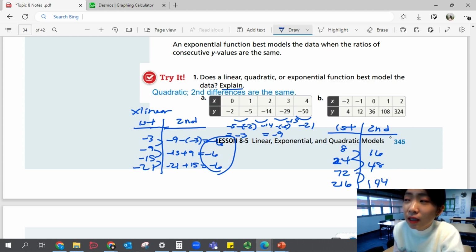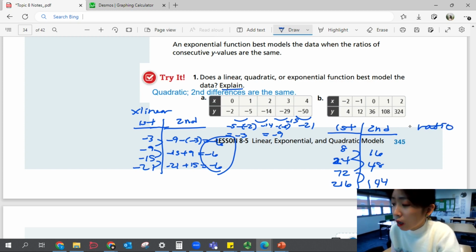So obviously the second differences don't match up either. So it's not linear, and it's not quadratic. Now let's see if there's a ratio. If it doesn't fit any of them, then we can just say it does not have a strong relationship for us to model with an equation.